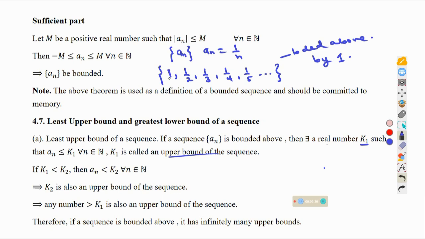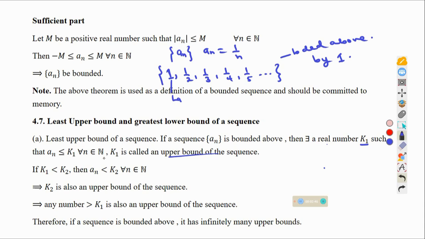So we call 1 an upper bound because all the other terms within this sequence are less than or equal to 1. It means 1 is the largest value within this sequence, so 1 becomes the upper bound.